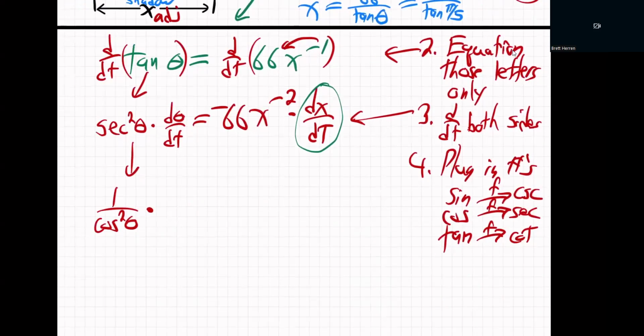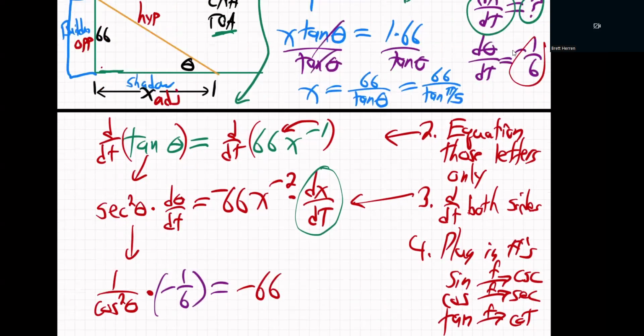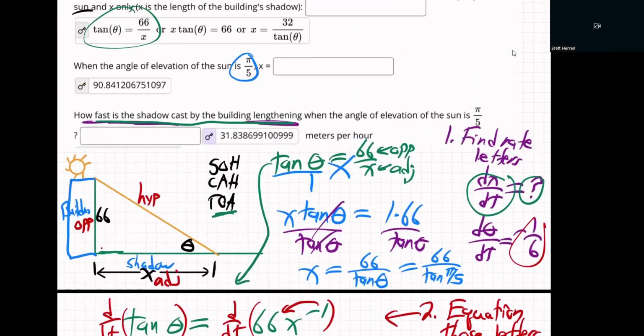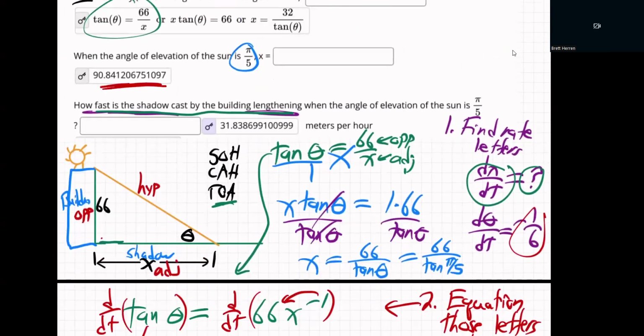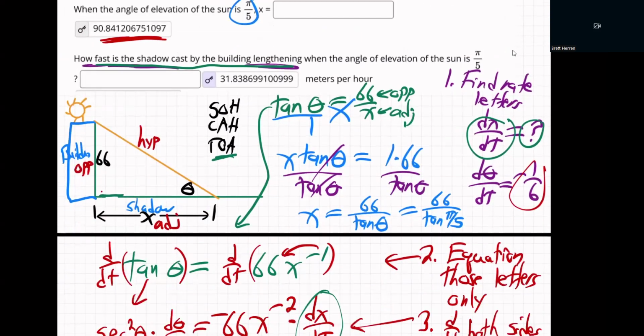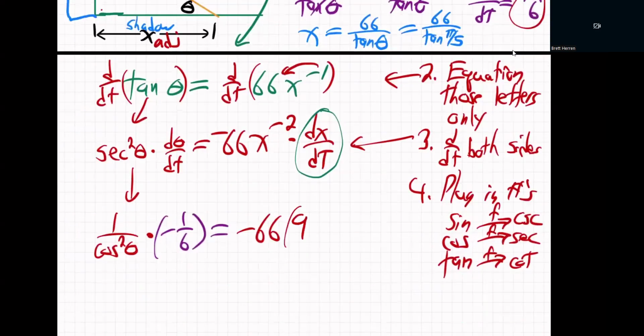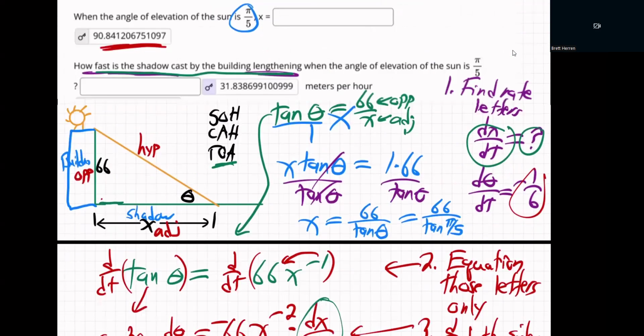So that's going to be minus 1/6 equals negative 66x. What is x? Do we know x? Oh yeah, we found x back here. That's the 90.8412. I better move on.